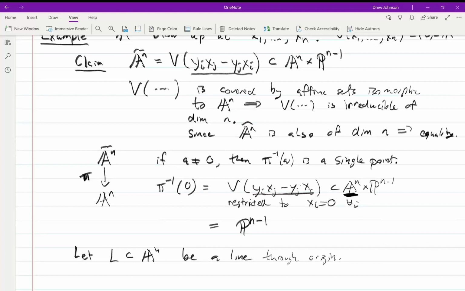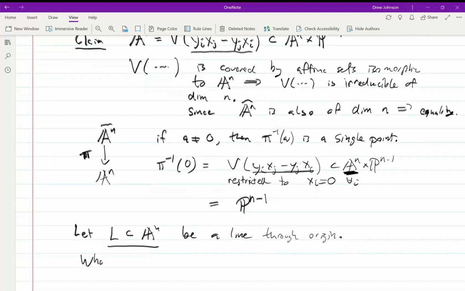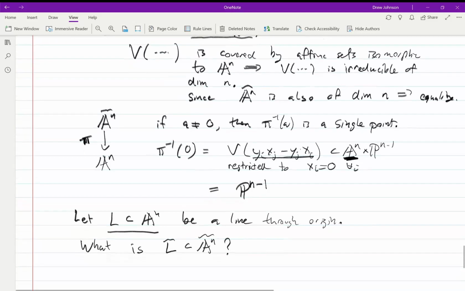So let L in A^n be a line through the origin, and let's try to think about what is the strict transform for the blowup of L. So what is L tilde inside of A^n tilde? Remember what this means. This means that I blow up L at the same functions that I used to blow up A^n.